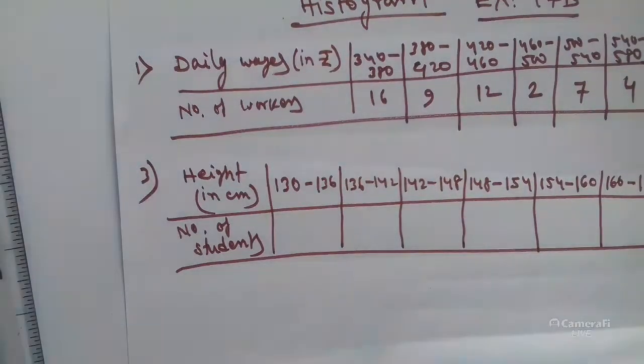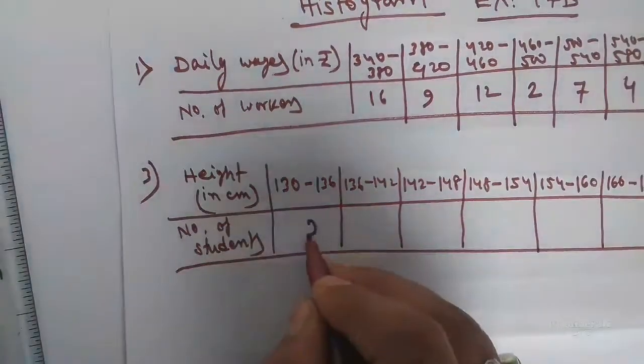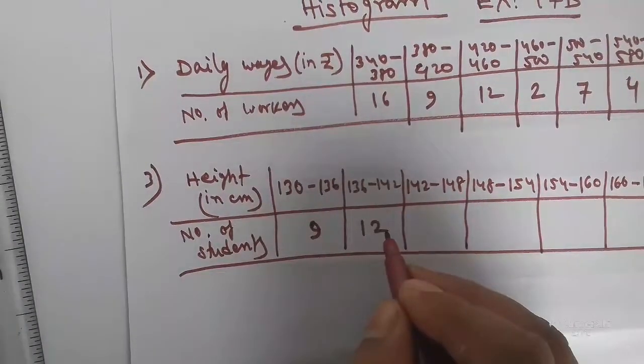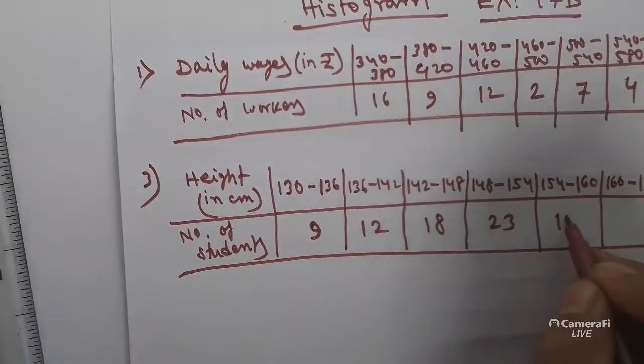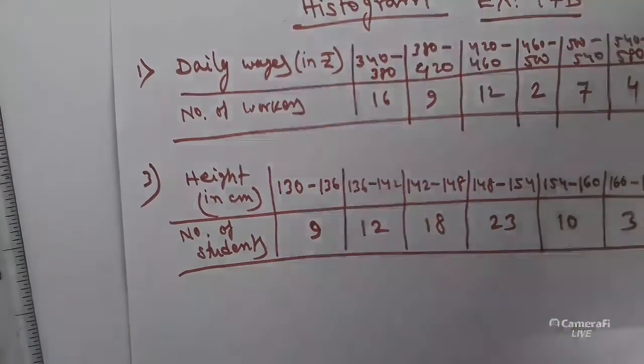And under 130 to 136 is 9, then 12, then 18, then 23, then 10, and then 3.